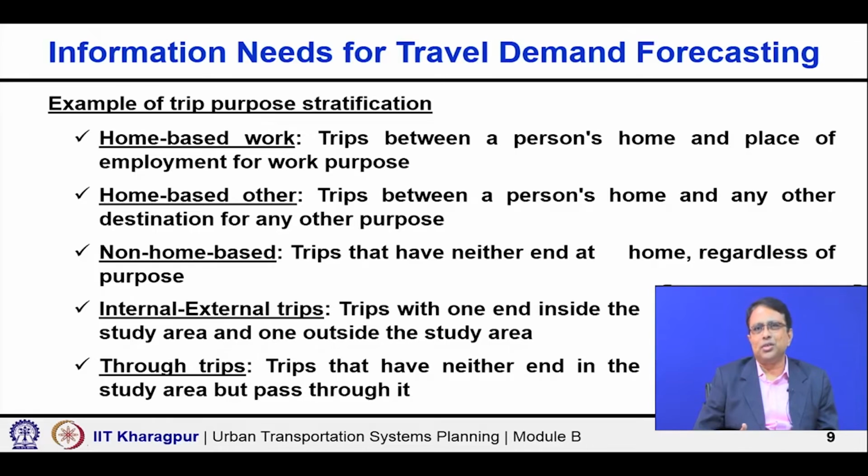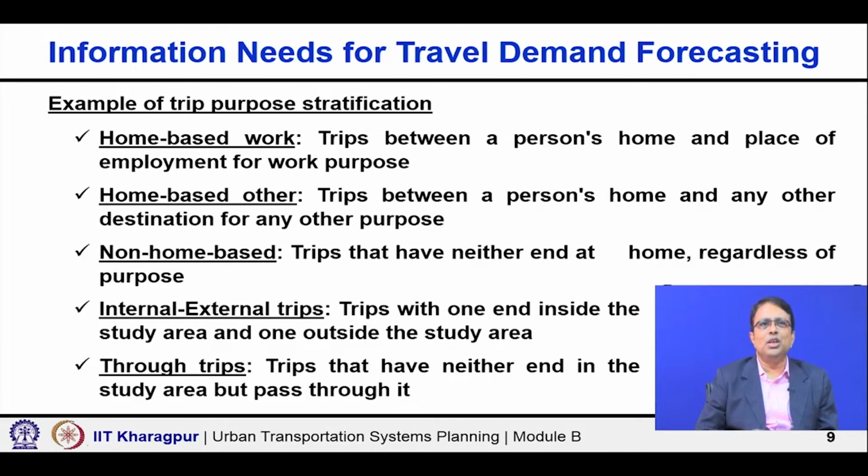When you ask the person, he may be going from home to office or coming back home from office. In one case he may say I am going from home to office, in another case he or she may say I am coming from office and going back home, but in both cases it is home based work, because home is at one end. So, it is a home based trip, and because the other end is work purpose, you can say home based work.